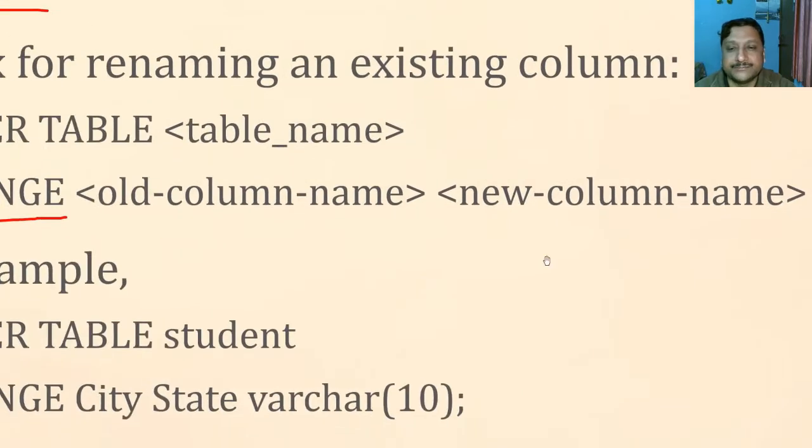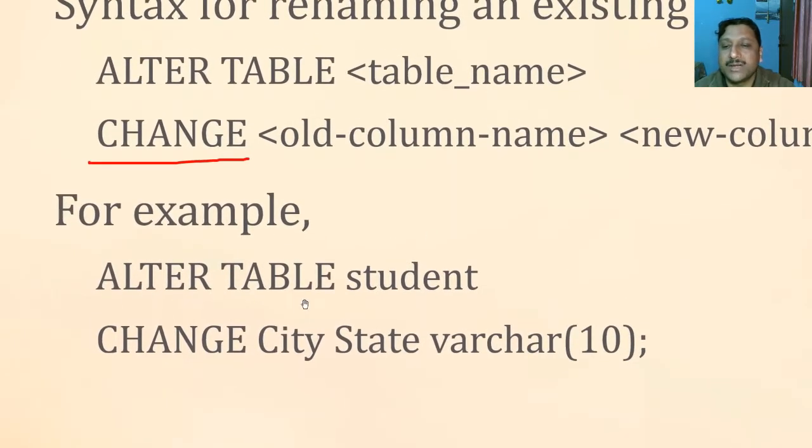For example, alter table student change city state varchar 10. City is the existing column name, and the new name in place of city is state, with the size and data type also given. After executing this statement, the column named city will be changed to state.